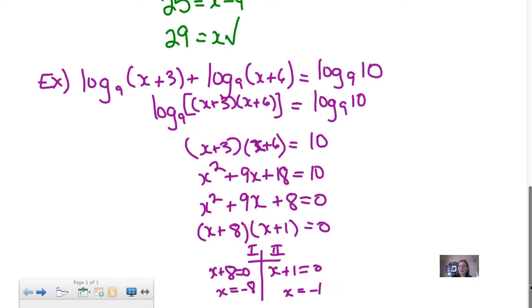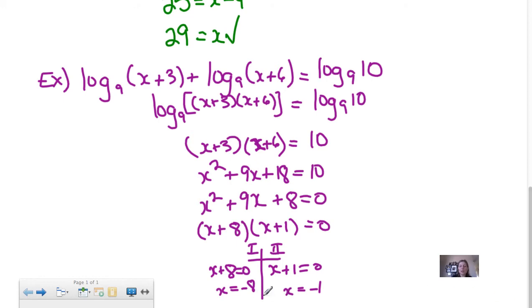So now what we want to do is double check to make sure that both of these solutions will actually work. So let's start with the negative 8. We'll go way back up here into the first argument. And if I plugged in negative 8 for x, negative 8 plus 3 would give me negative 5. And that would cause this argument to be less than 0.